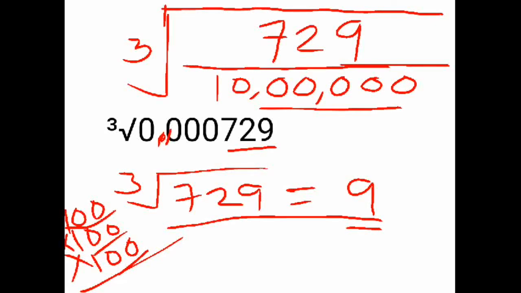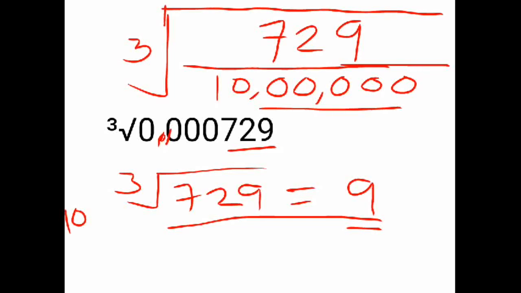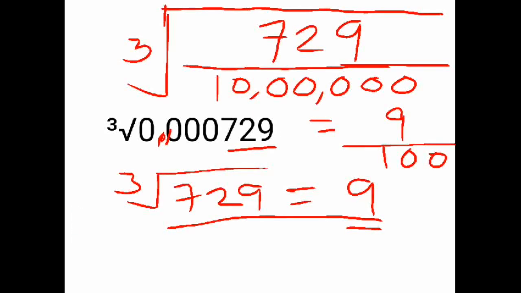So cube root of the number 10 lakh is 100. So cube root of 729 upon 10 lakh is equal to 9 upon 100. Therefore, cube root of 0.000729 is equal to 0.09.